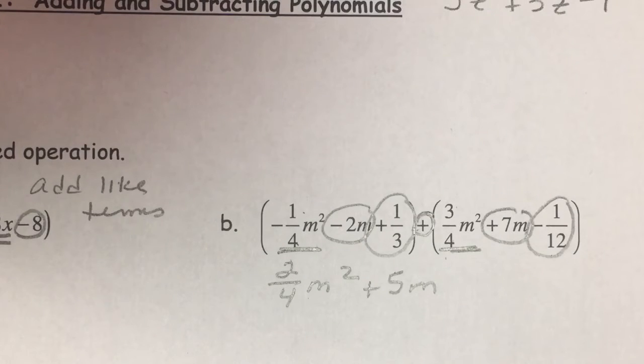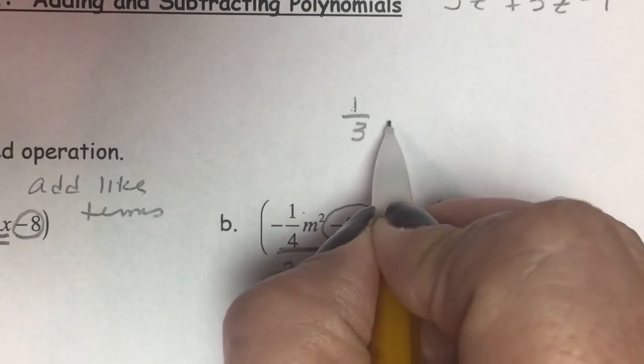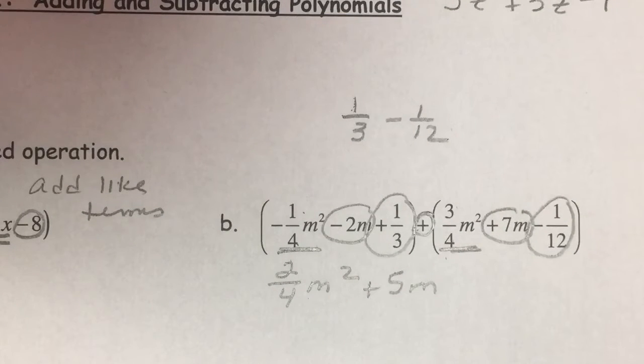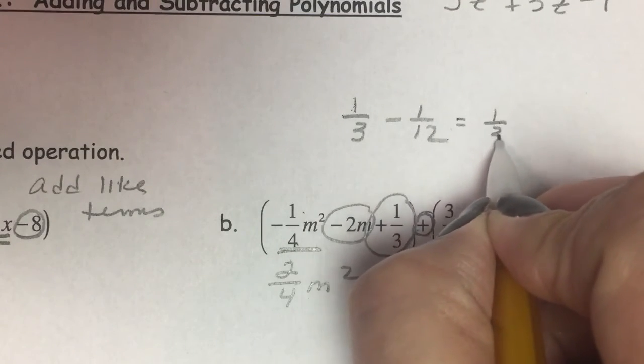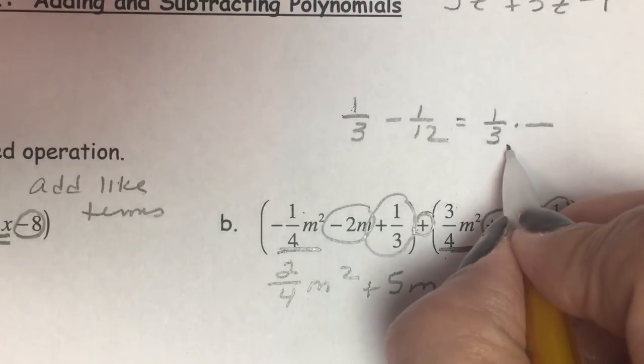Now, unfortunately, those do not have a common denominator. So I'm going to go right above here, and I have to do 1/3 minus 1/12. So the common denominator would be 12. So now I would do 1/3, and what am I going to have to multiply top and bottom by to make that bottom into a 12?